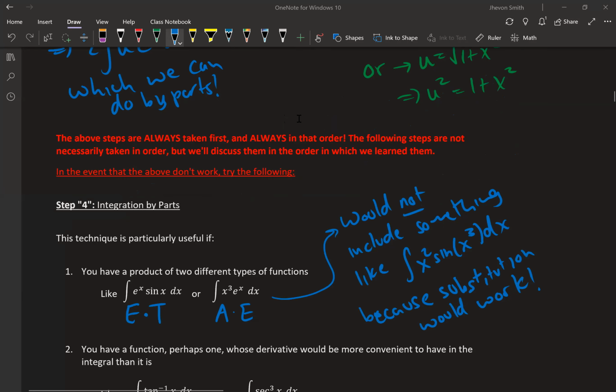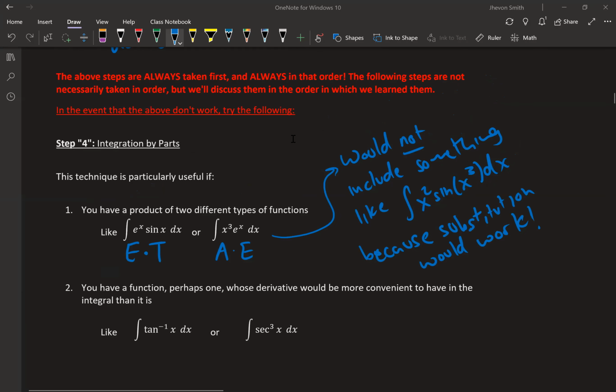Right, so again, we're only applying these in the event that the above don't work, right? So the substitution will work, so that is this, right?